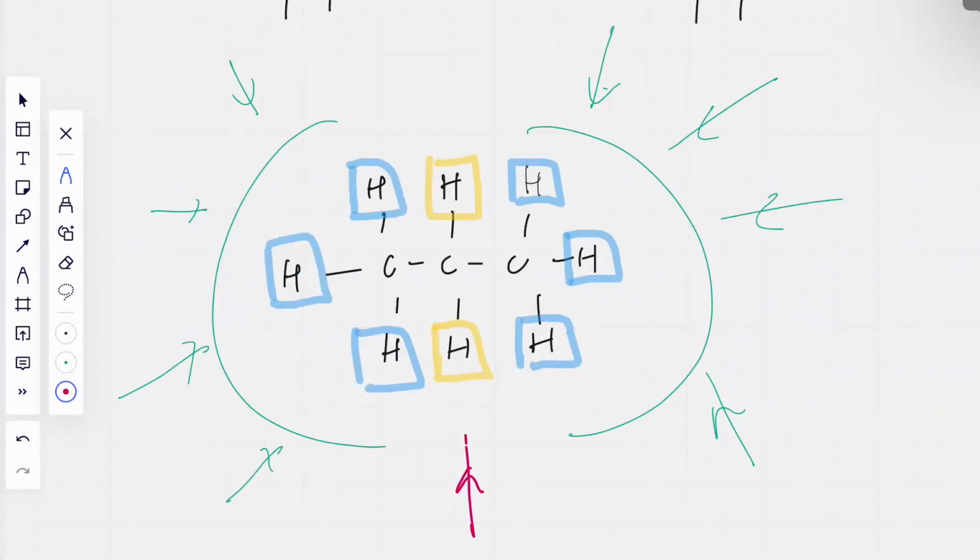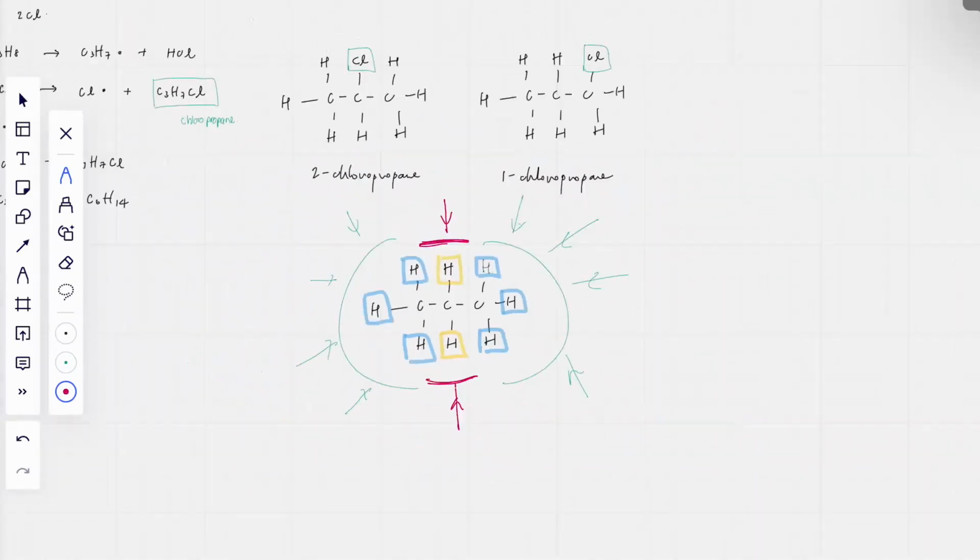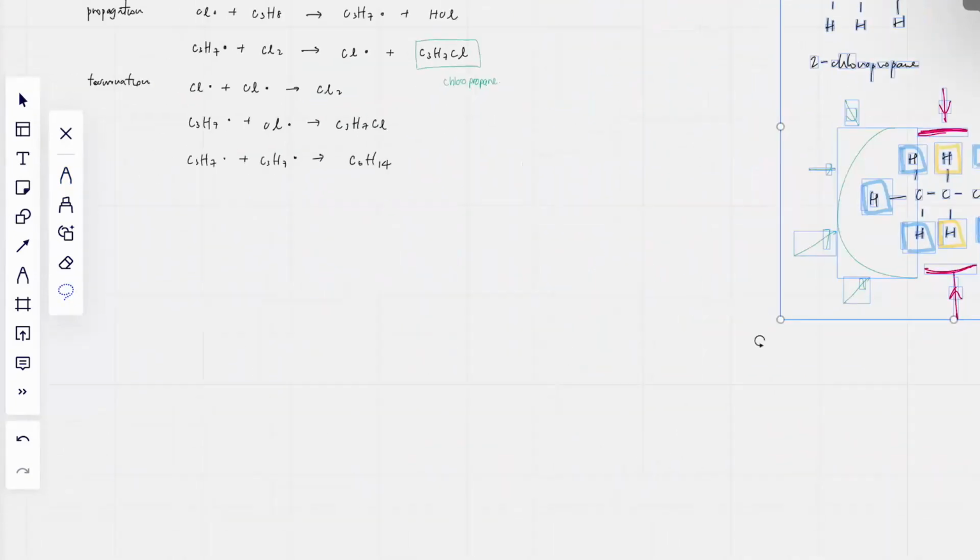Only if you attack in this area here, the red area, which is very small compared to the green one. So it's even more than that. Okay, that's one type of question that they can ask.